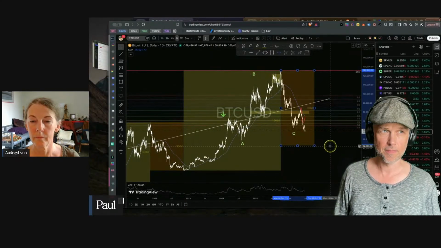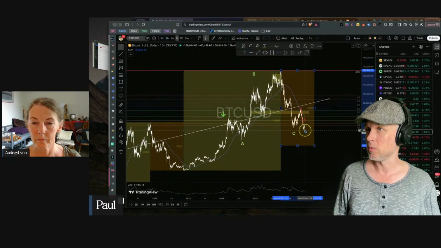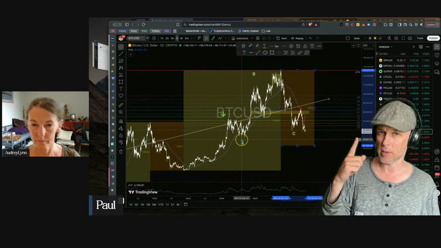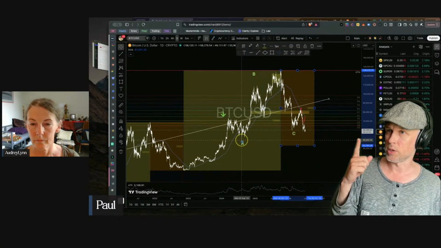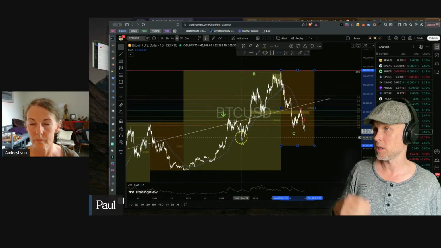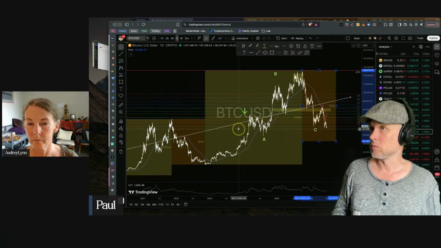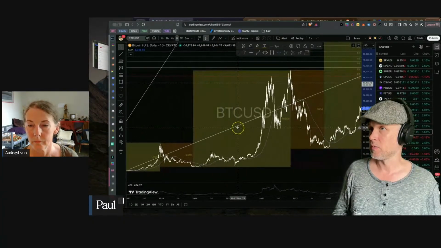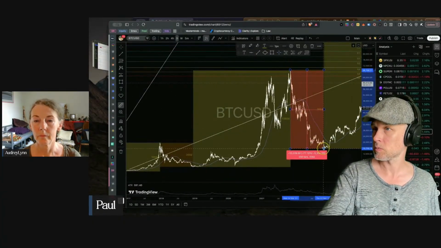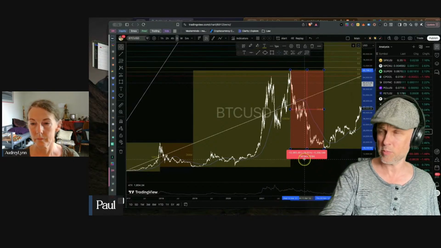Now, where is that low? Well, technically market structure is A. So we could be hitting back down to 49,000-ish technically. But at the same time, in the past, the retracements have gone down. This one was 76% down.